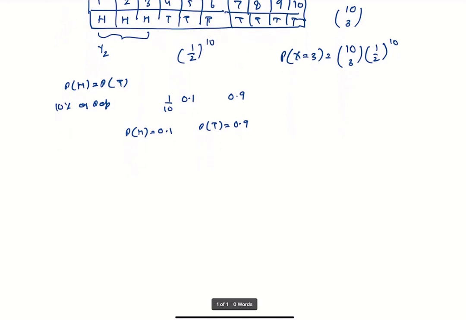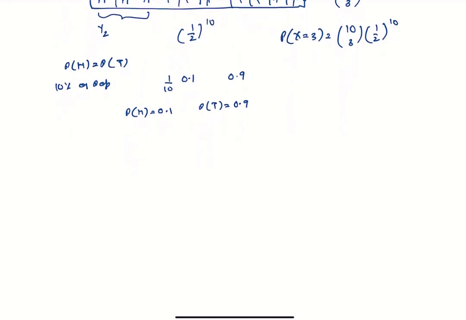Now we can consider the same 10 tosses of a coin. The probability of head in any toss is going to be P, and the probability of tail is 1 minus P. It's not just one half, because P is not half anymore.